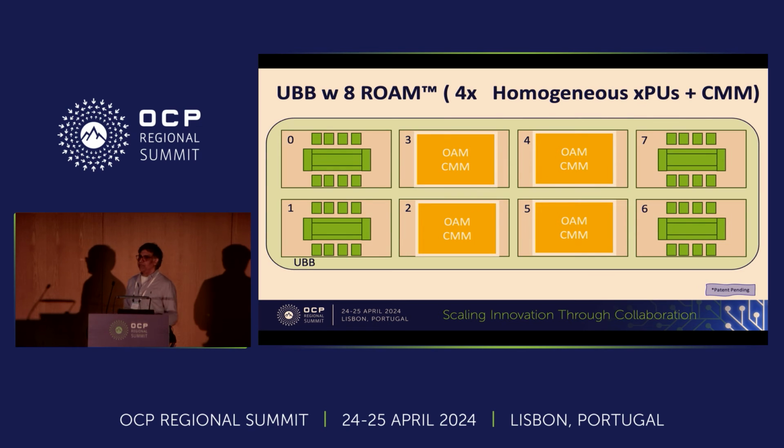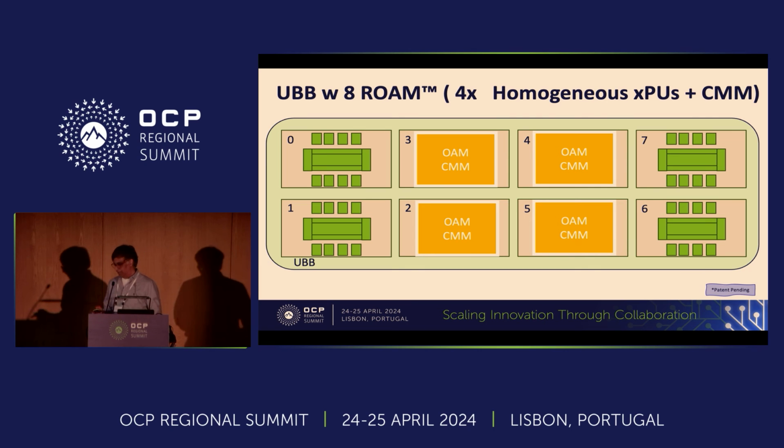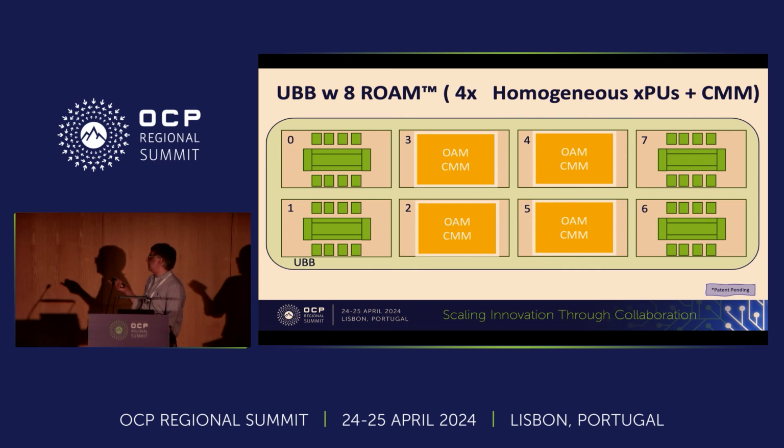So if you really need to bring memory closer to compute, because the OAM itself talks PCI, that's the connectivity, but you can then run CXL on top of PCI, and now you can build OAM modules with a CXL controller, and behind it could be DRAMs. So this is an idea.